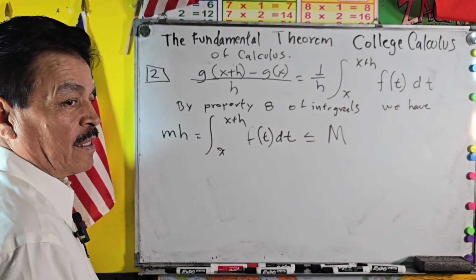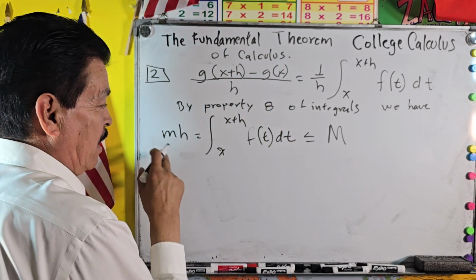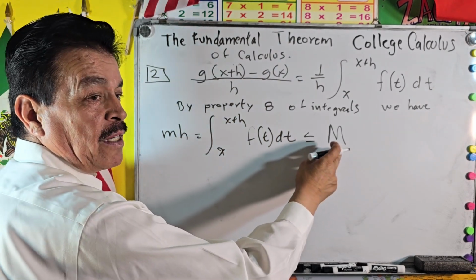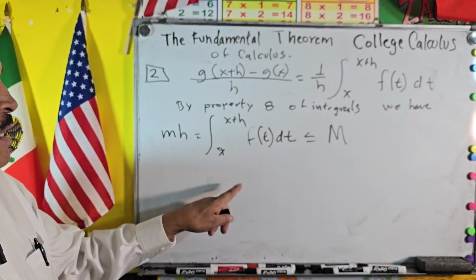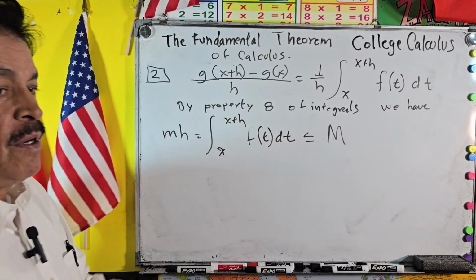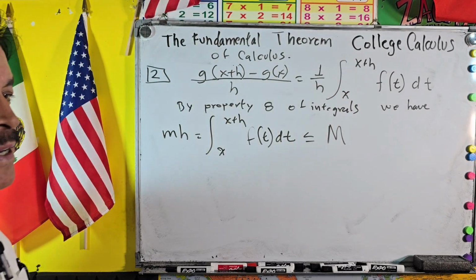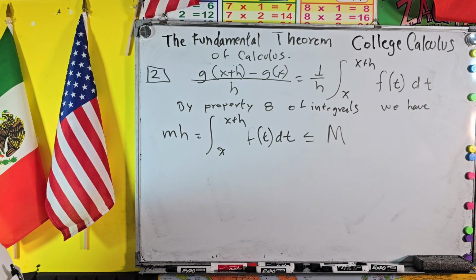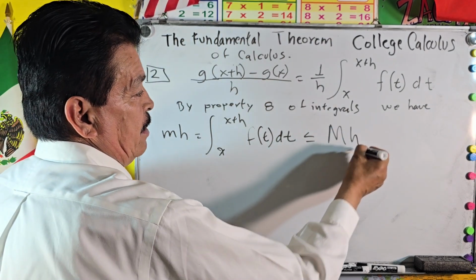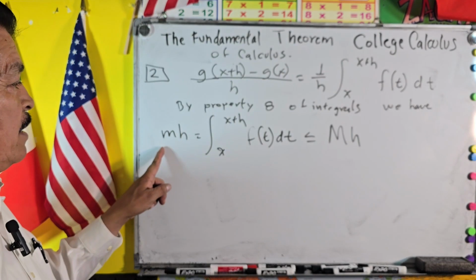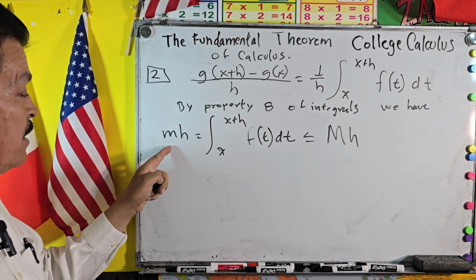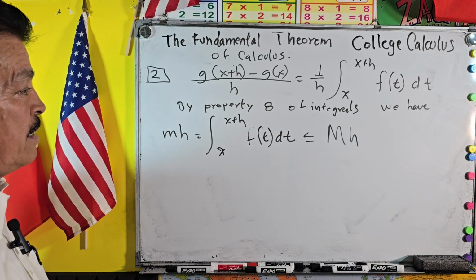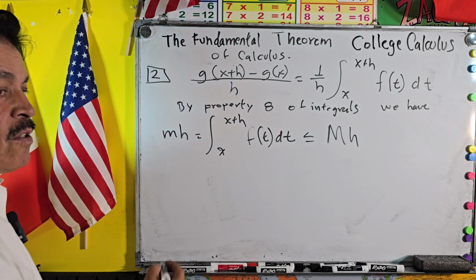Capital letter M, not lowercase, makes the difference. Here we have a lowercase m times h.